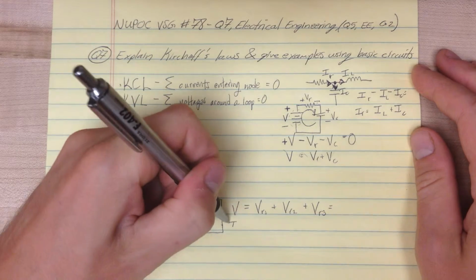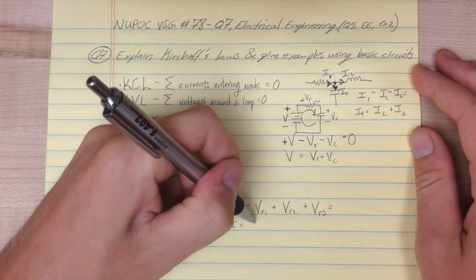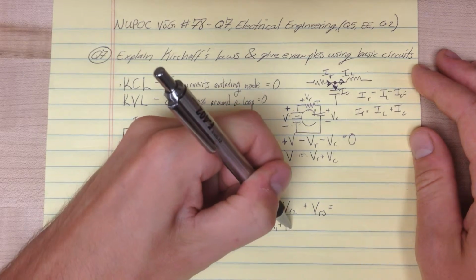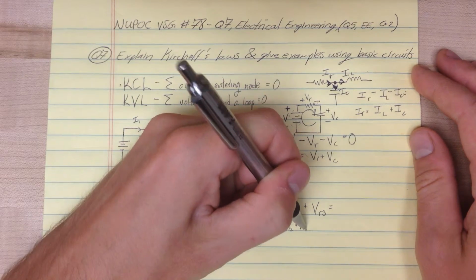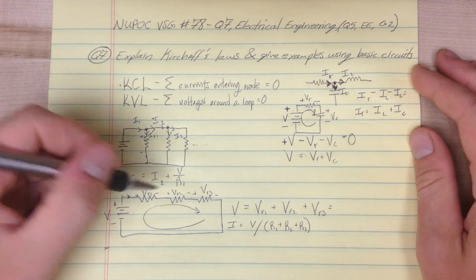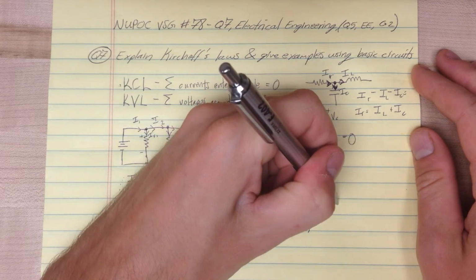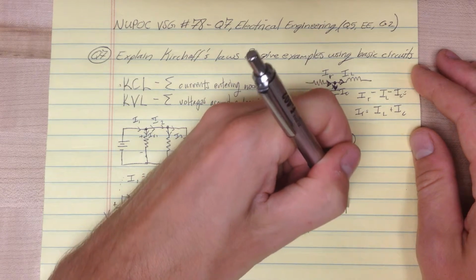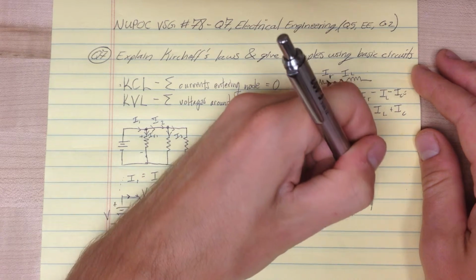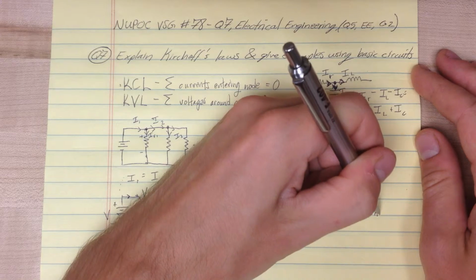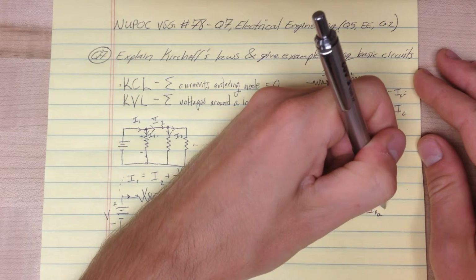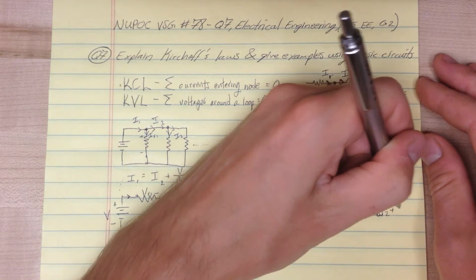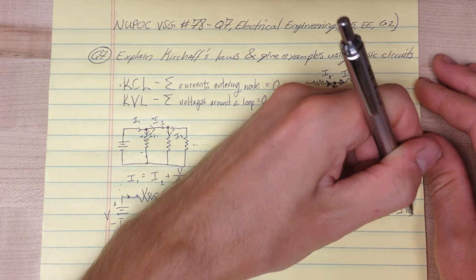I know that I equals V divided by R1 plus R2 plus R3, and then I could also say up here that V equals I times R1 plus I times R2, plus I times R3.